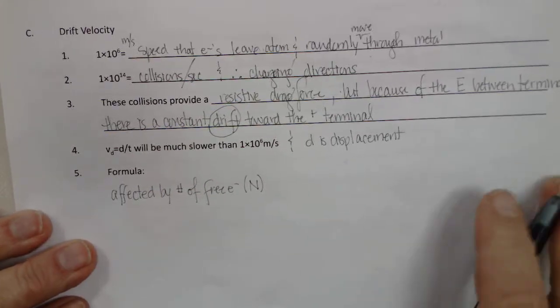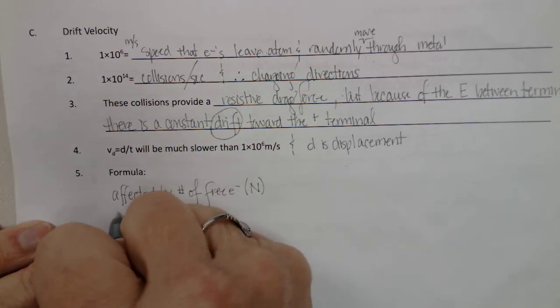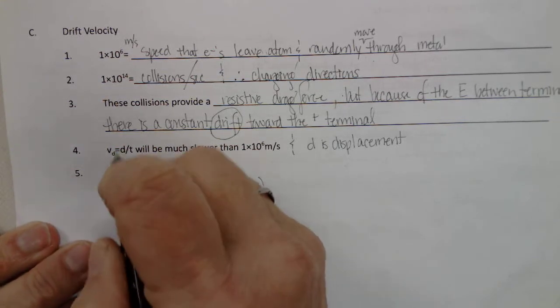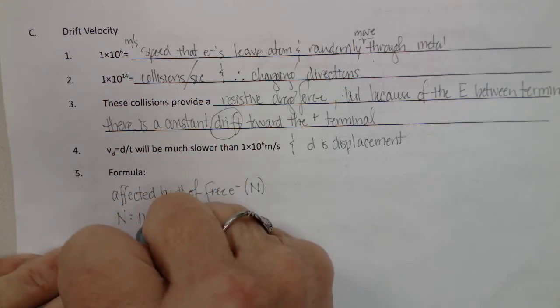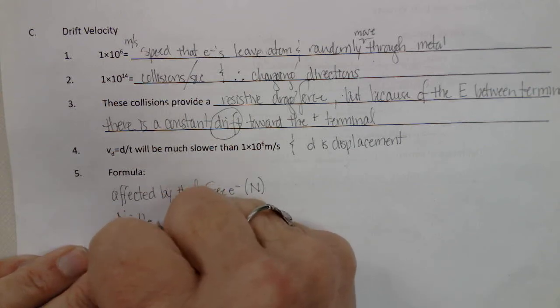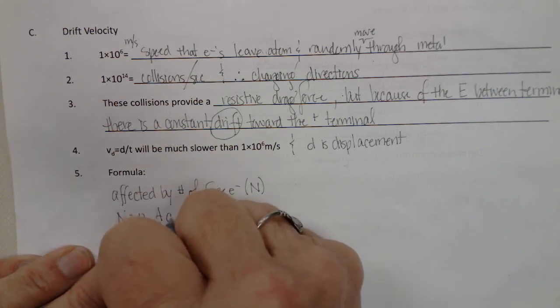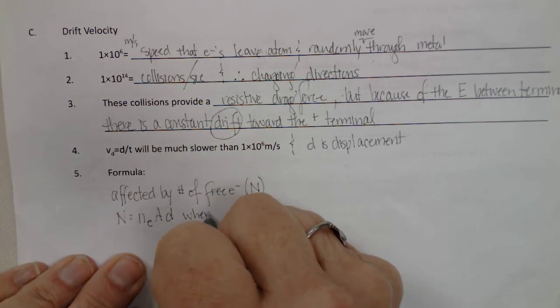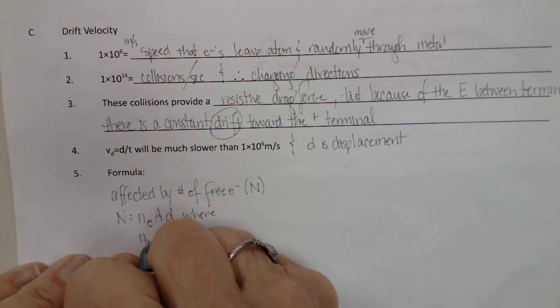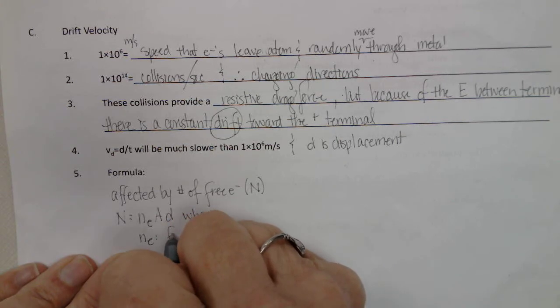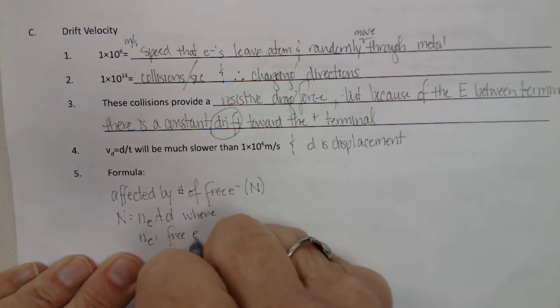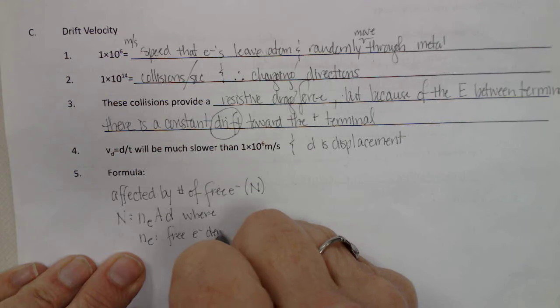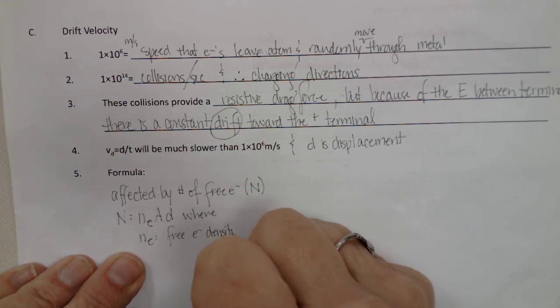I can find the number of free electrons by the equation N = n_e times A times D, where n_e is the free electron density. So how many electrons in a given space?